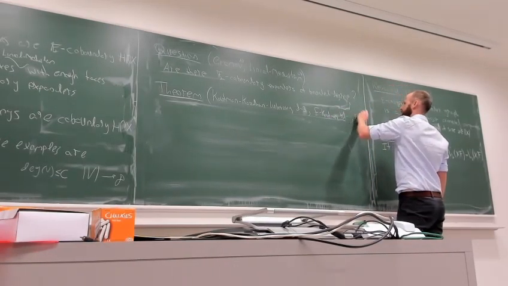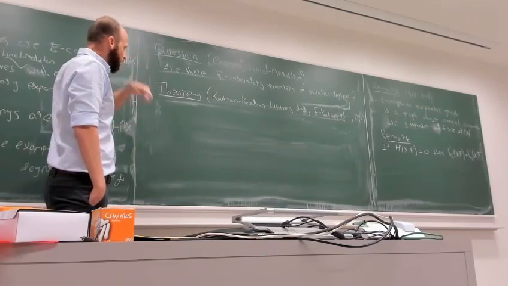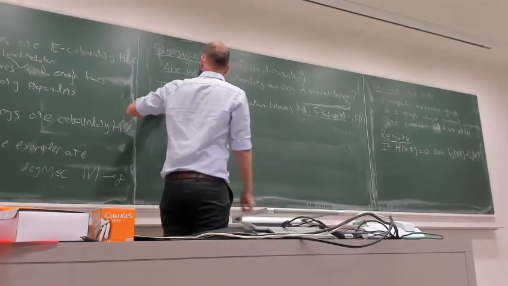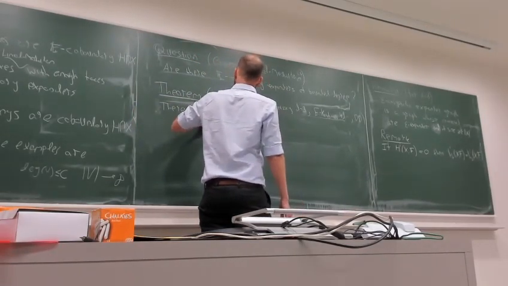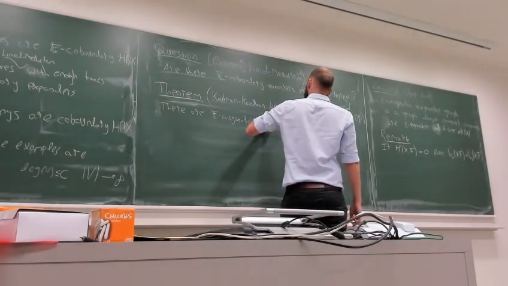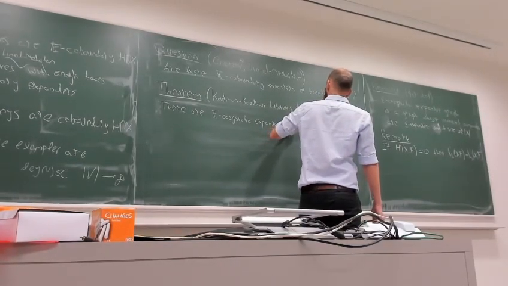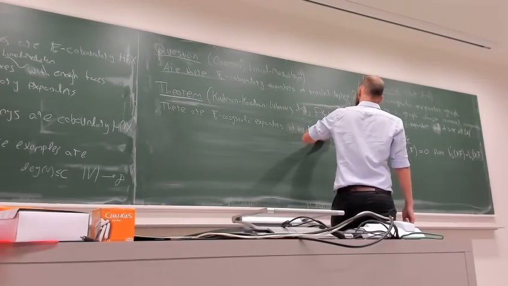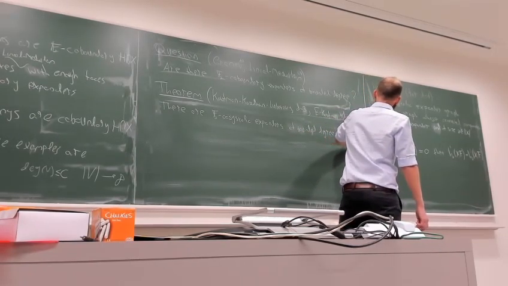And then there were some simplifications and improvements of the constant, but the end result is that, while coboundary expanders, it's slightly technical, there are F2 cosystolic expanders of bounded degree of dimension d minus 1.